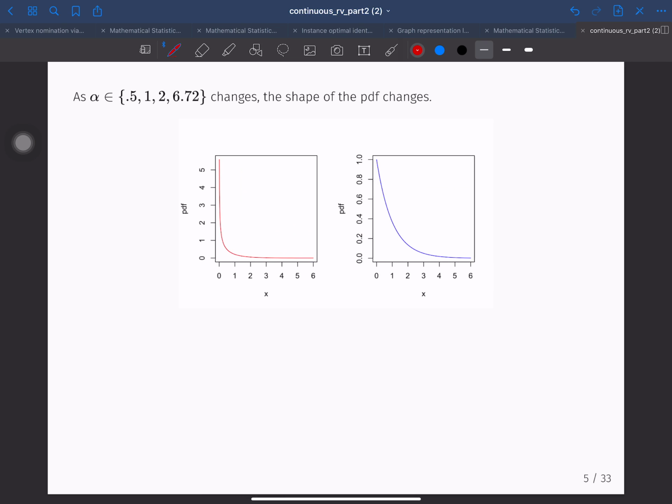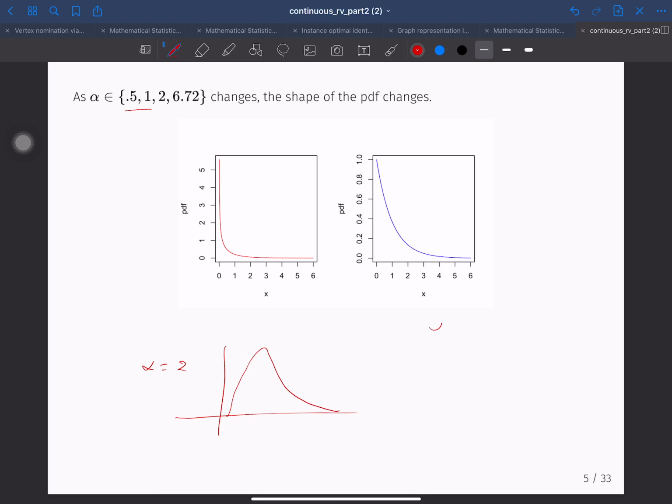Okay, so the key point is that as alpha changes, the shape of the PDF changes. Here is a case where alpha is equal to 0.5 and 1. Then, as you will see in your lecture slides, when alpha is equal to, say, 2, the PDF will look more like this.